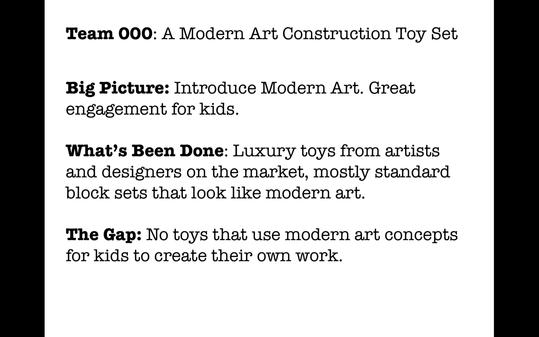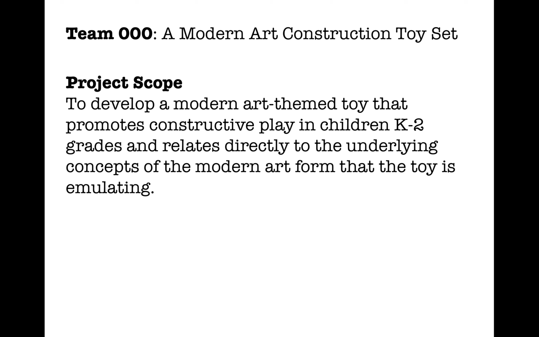The gap is that there really aren't many toys out there that use modern art concepts for kids to create their own work. So how could we use some of the same concepts that the artists are using to create work that looks like modern art, that's following those same principles, that's also affordable? Our project scope is to develop a modern art themed toy that promotes constructive play in kids in our age group that relates directly to the underlying concepts of modern art.